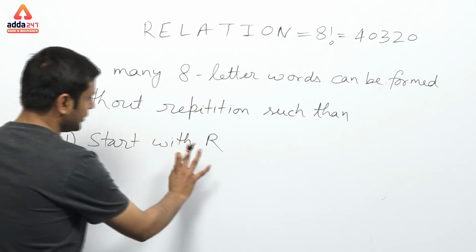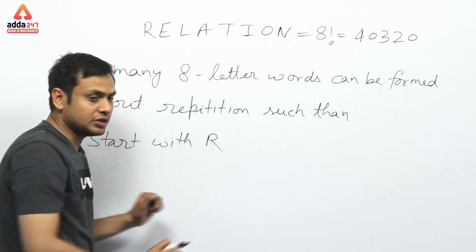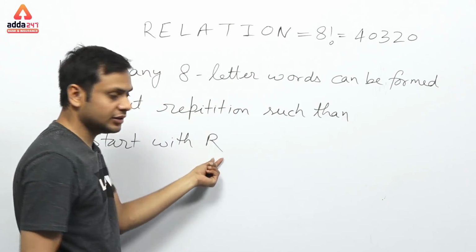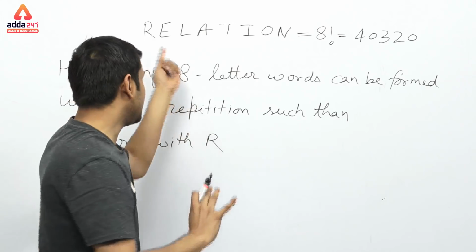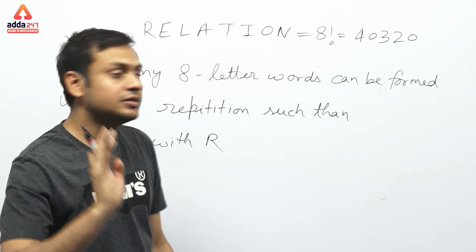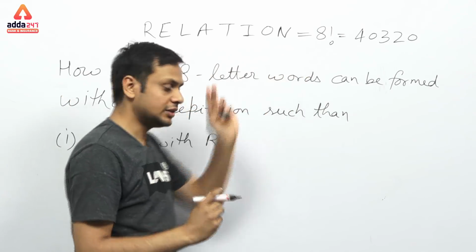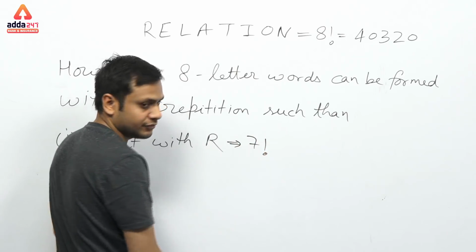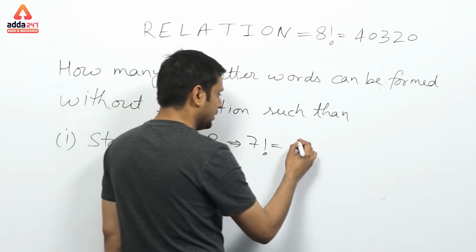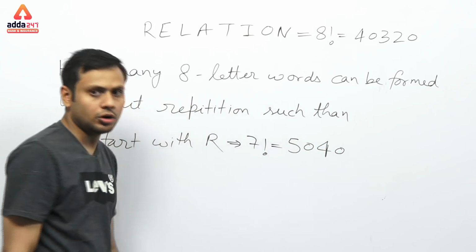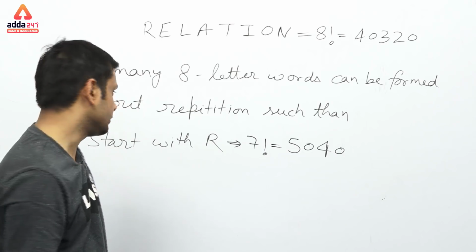If the first letter is R, fixed at the first place, then we just need to arrange the other 7 letters. The other 7 letters can be arranged in 7 factorial ways, or its value is 5040.